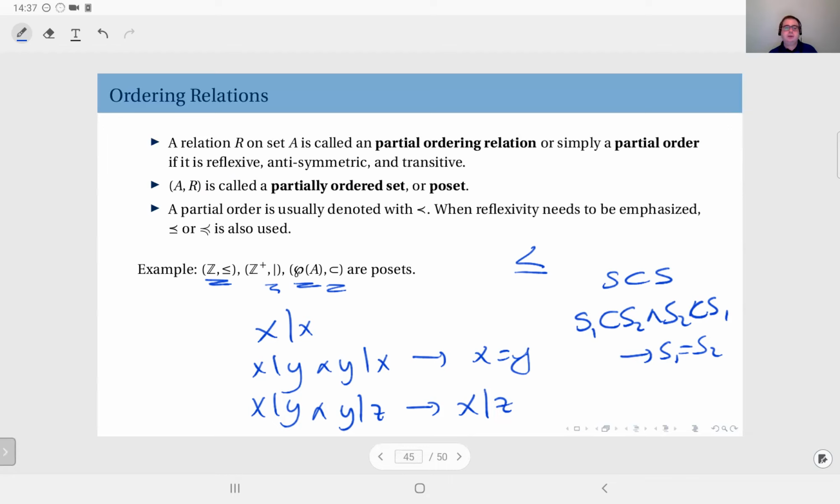Or simply, if two sets are different and S1 is a subset of S2, then S2 cannot be a subset of S1. Finally, you have transitivity. If S1 is a subset of S2 and S2 is a subset of S3, then S1 must be a subset of S3. So the subset relation, along with a power set, defines a poset.